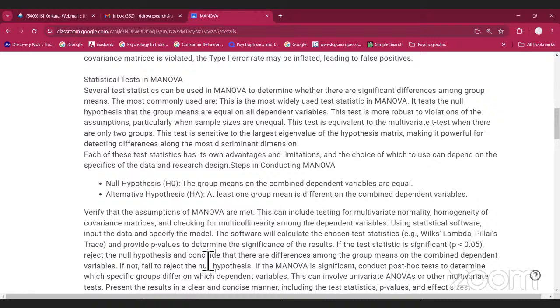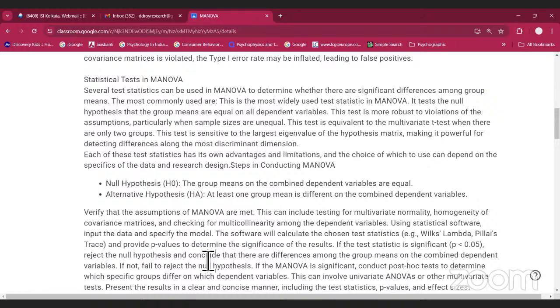Using statistical software, input the data and specify the model. The software will calculate the chosen test statistics such as Wilks' lambda, Pillai's trace, and provide a p-value to determine the significance of the results.